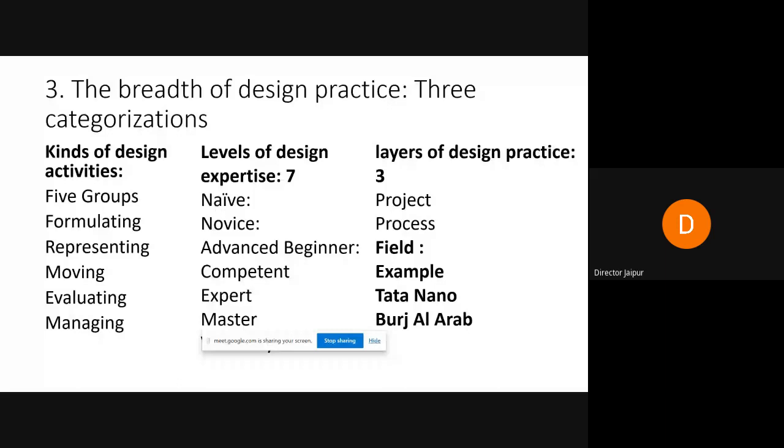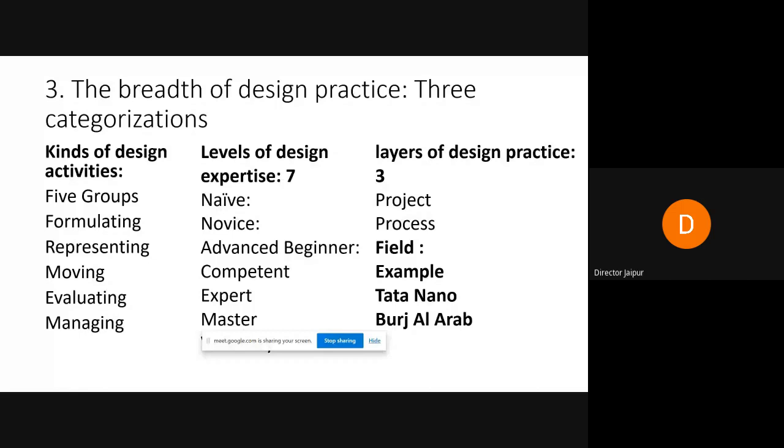So they got all those designers, and they applied. Actually, they did not know how to deal with it. They did not know what to deal with, but they had to create this unique product, which is Burj Al Arab, and a value to their tourism field. So that's what I mean about the breadth of the design practices.